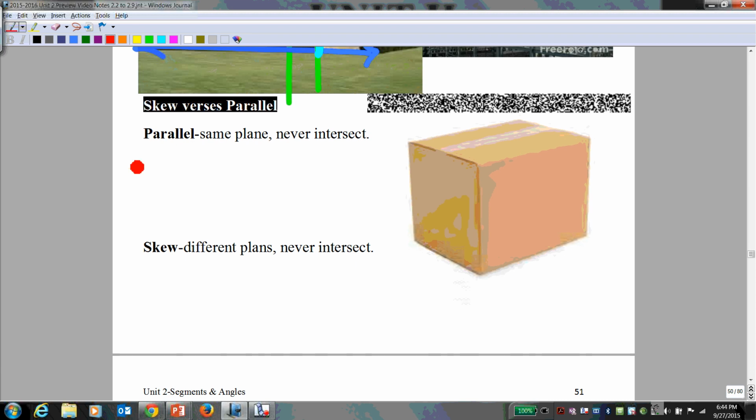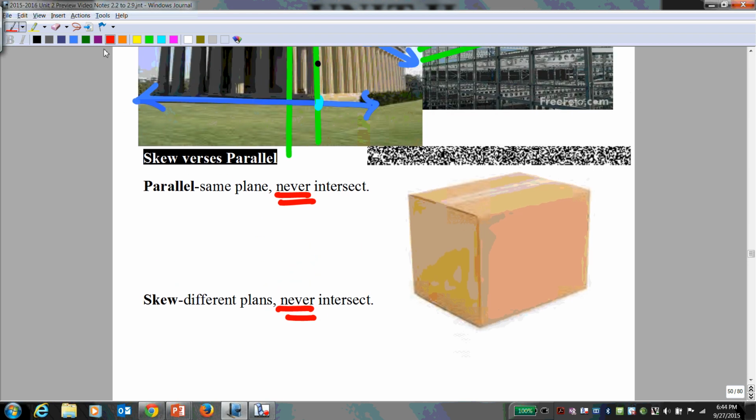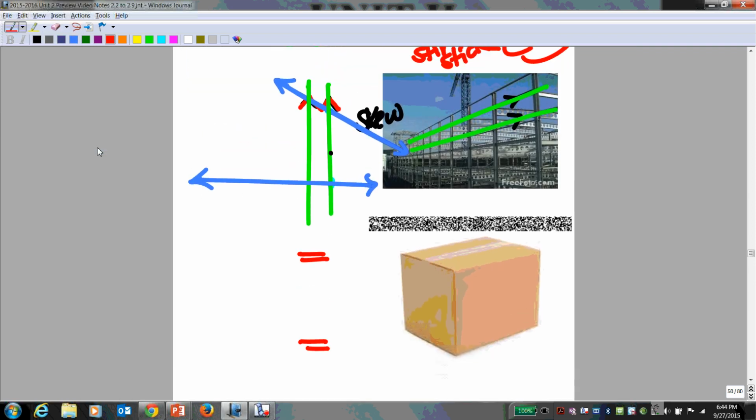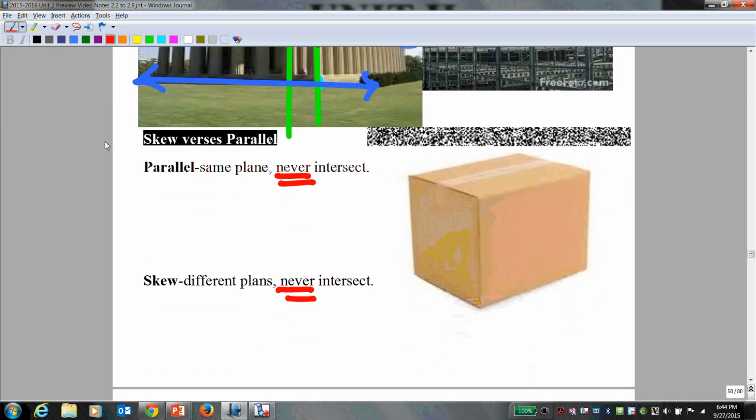Okay, so parallel and skew, they have something in common. They both never intersect. But the difference is this. Parallel lines are on the same plane and never intersect.